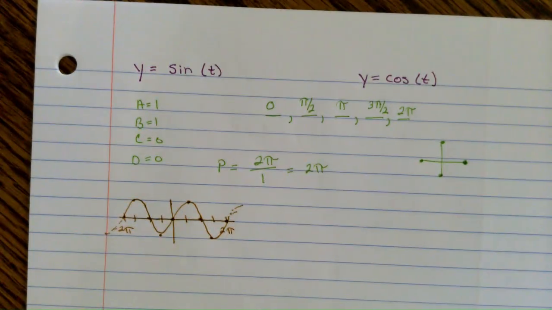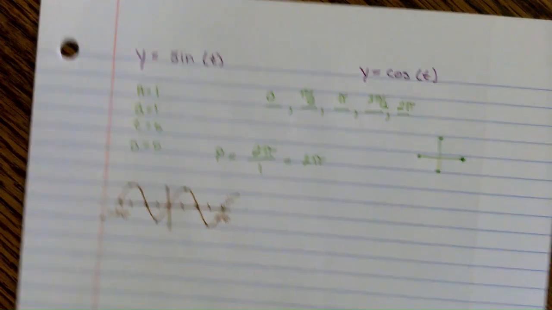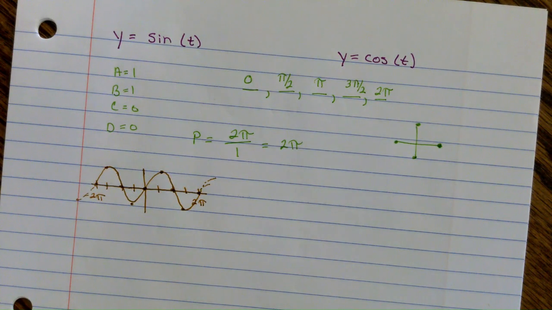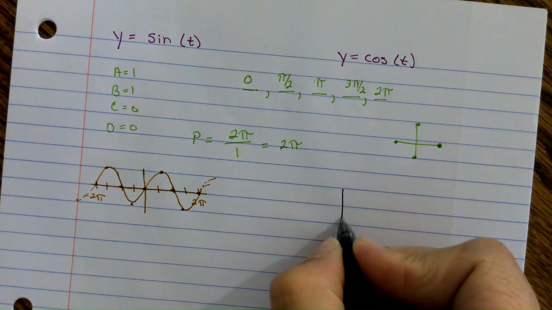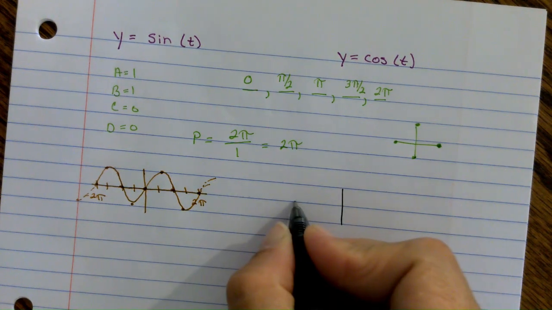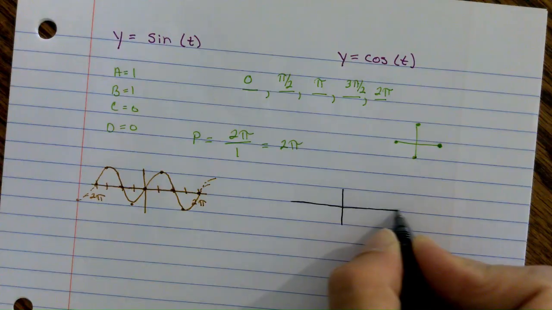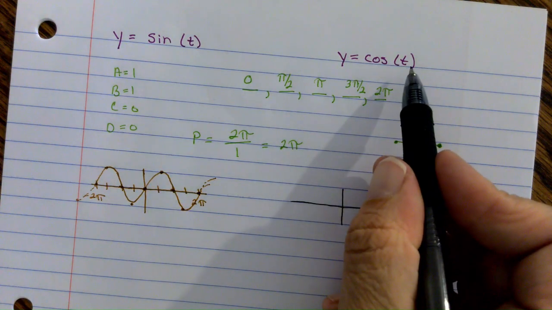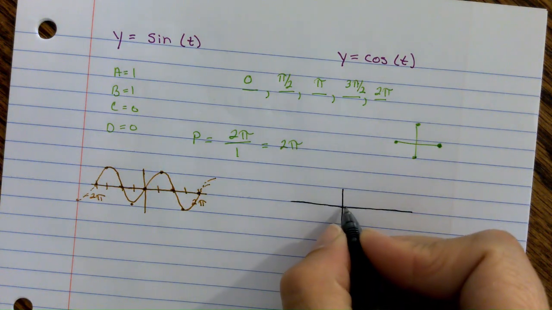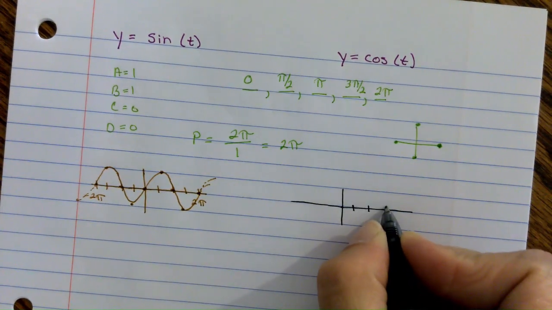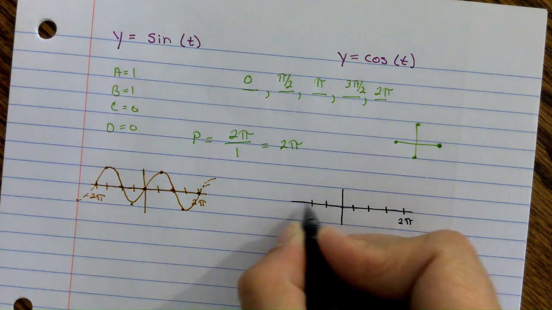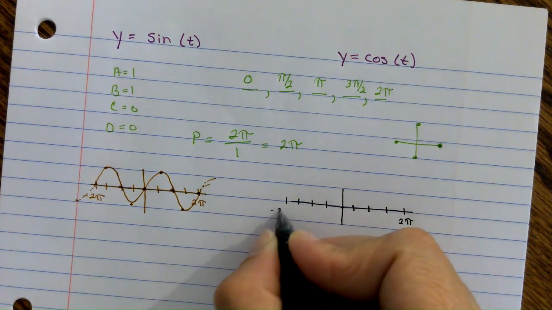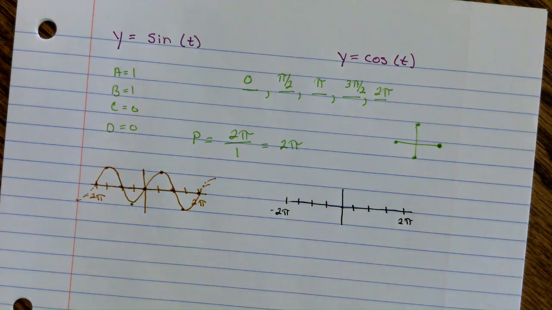All right, so what will happen different with cosine? Well, we still have the same key values because it's the same phase shift, things like that, right? So 1, 2, 3, 4, there's our 2 pi. 1, 2, 3, 4, negative 2 pi. But remember, cosine was about my x's.